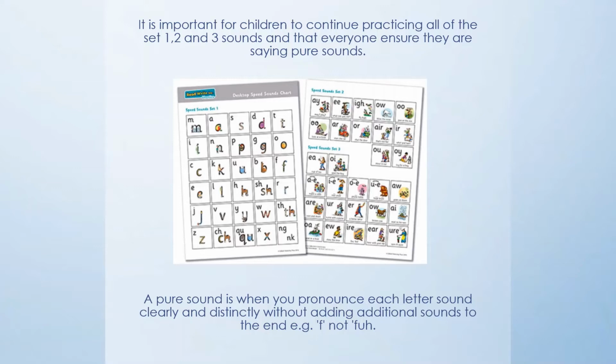So you're not adding 'uh' on the end of sounds. For example, you wouldn't say 'fuh', you would say 'f', and you wouldn't say 'tuh', you would say 't'. And we still pick them up on their pure sounds in year one. And we make sure we're saying those set one sounds correctly when sounding out all of our words.